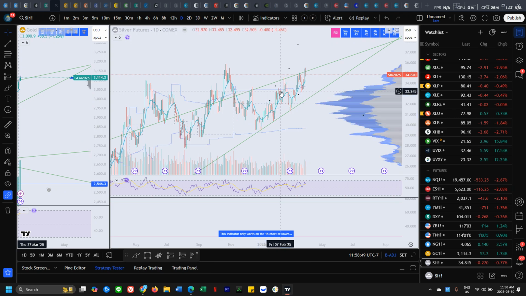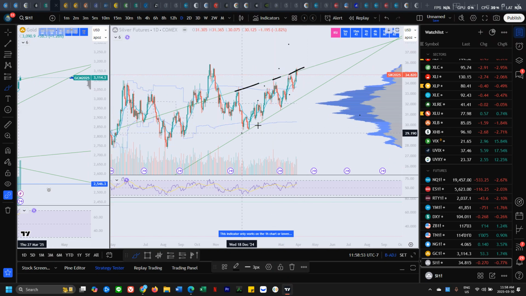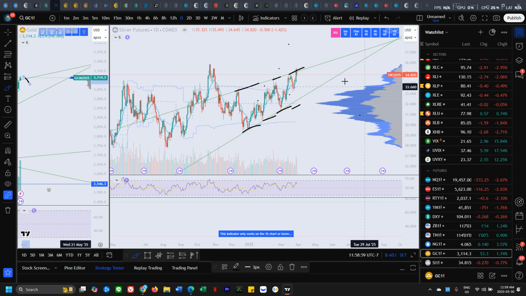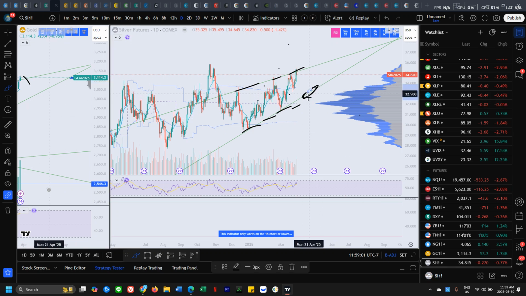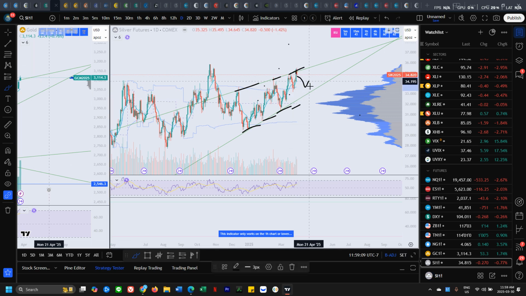Overall, resistance is very clear, support is super clear. So if gold shows no follow through here, silver is 100% going to test this low. If gold rolls over, comes down, tests this 3,000 mark again, silver is probably going to go like that, and then test this 33.2 range.